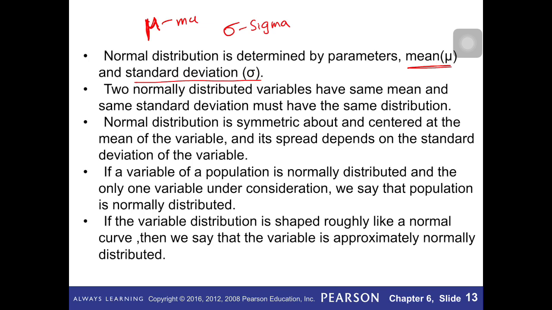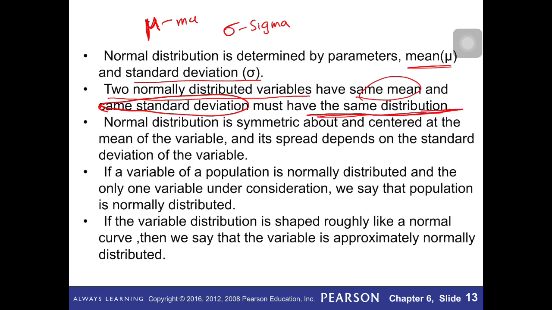If two normally distributed variables have the same mean and the same standard deviation, which means mu and sigma are the same, then they must have the same distribution.